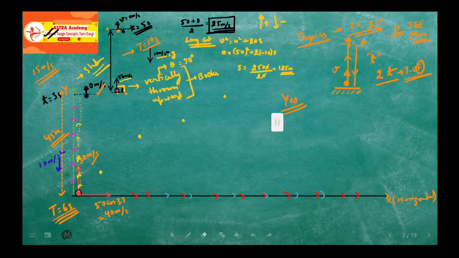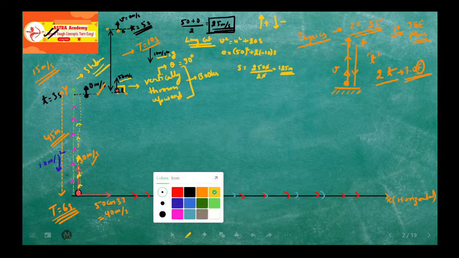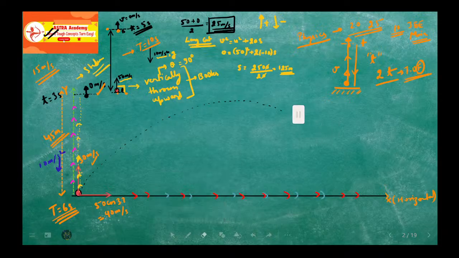A little bit I'm erasing to make this space, and just try to understand, just try to feel what sir is trying to say. The actual path of the body will be something like this. I hope you can see this dotted line. Okay.